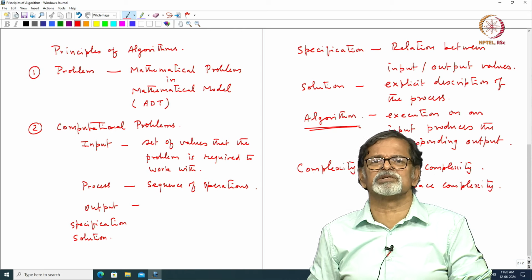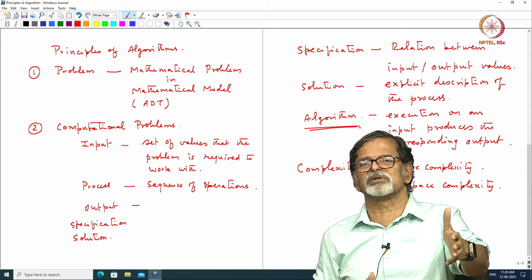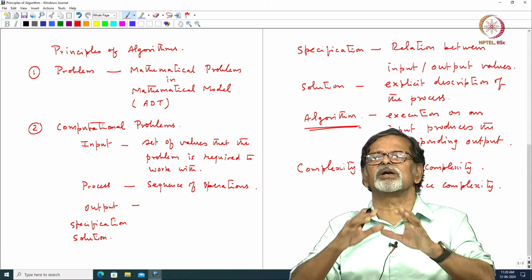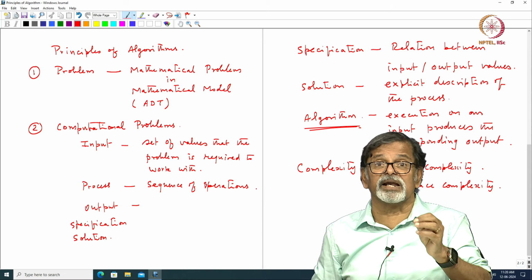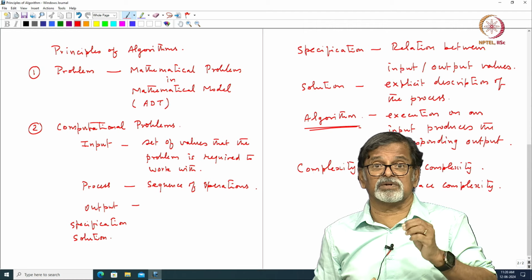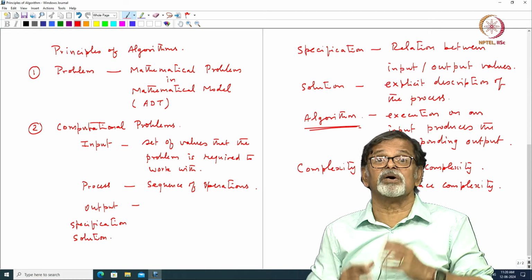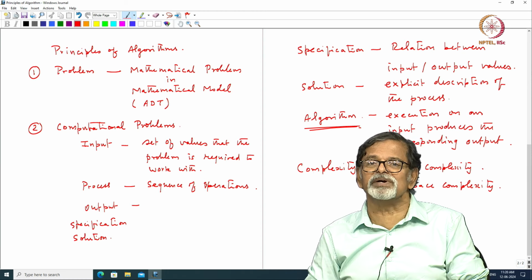How much time will it take to produce an output? If you give this input, how much time does it take to produce an output? We would like to have an idea on that. In fact, the quality of an algorithm or a solution is measured in terms of how efficient it is when implemented.